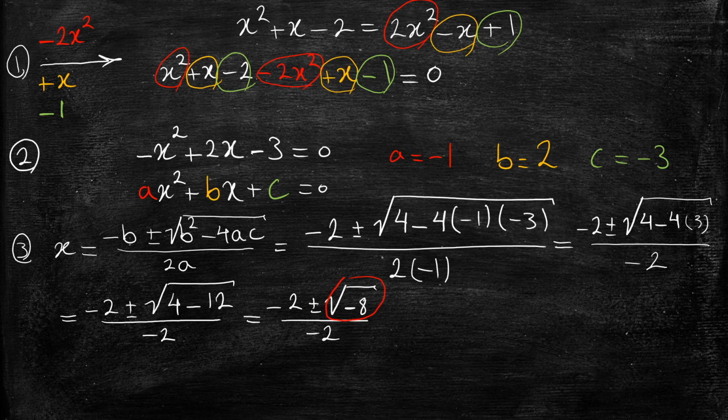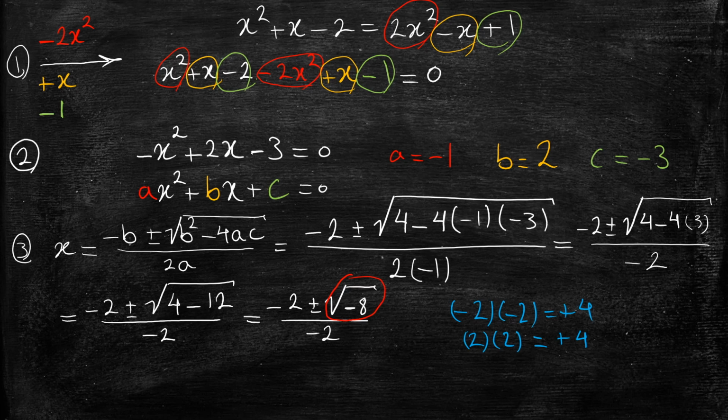Is it possible to solve that? Can you put that into your calculator? What is it going to give you? Your calculator is going to give you an error. Why? Because there's no number that can get multiplied by itself and result in a negative number. So even if you have two negative numbers, right, -2 times -2, you're going to get +4 because negative times negative is positive. And if I have positive numbers like 2 times 2, the result is also positive.